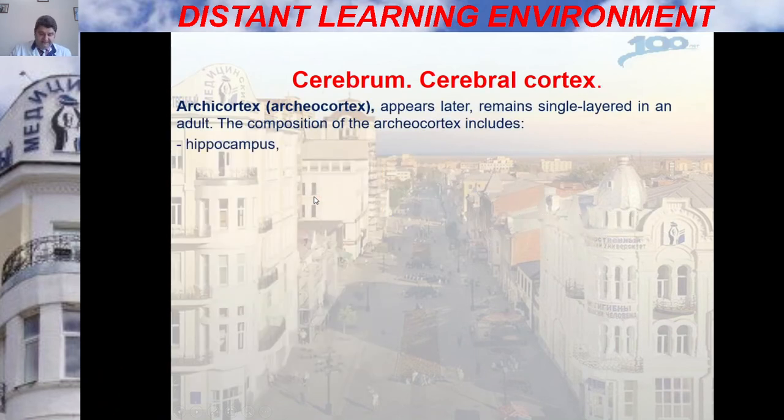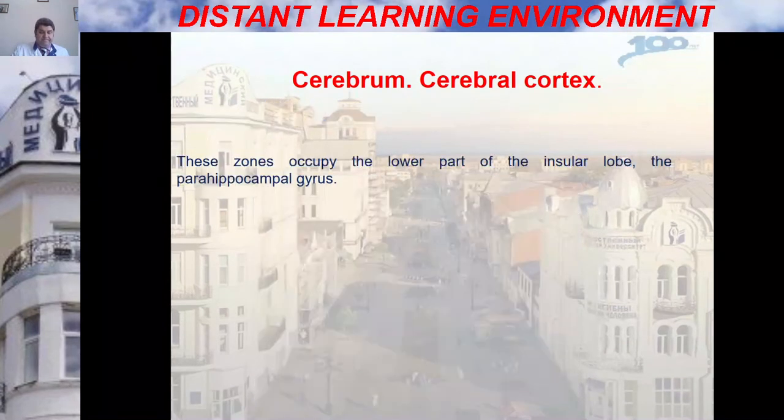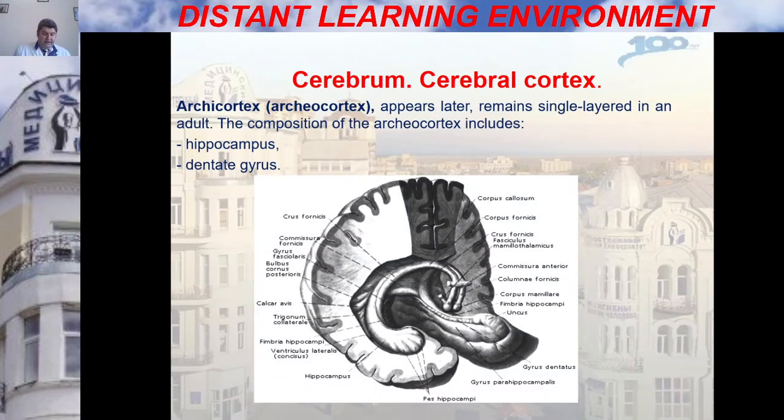Next, you may see the archipallium or archaeocortex. This is a component of the temporal lobe.